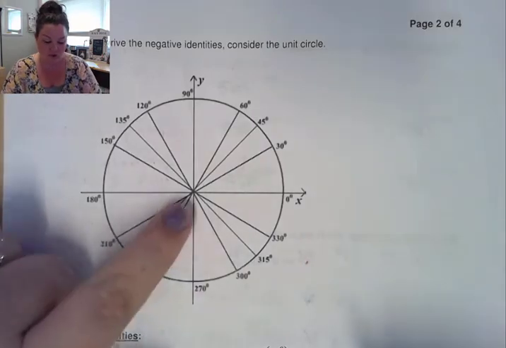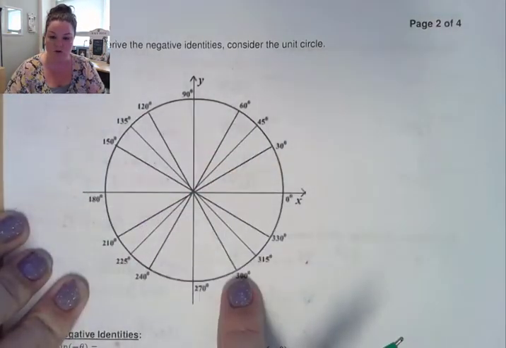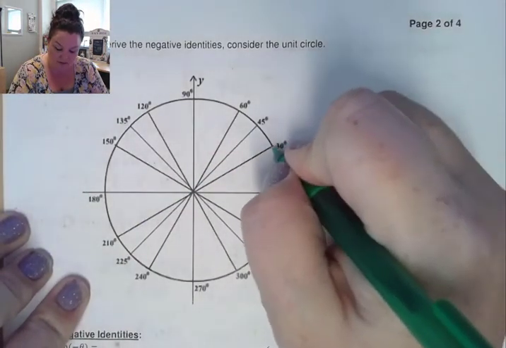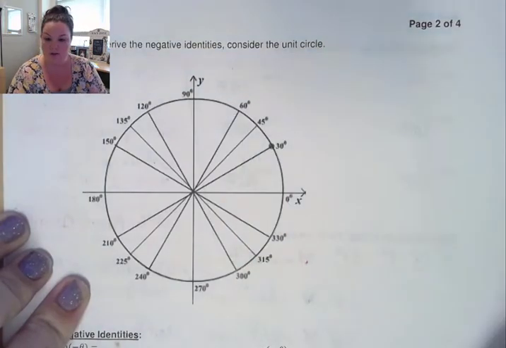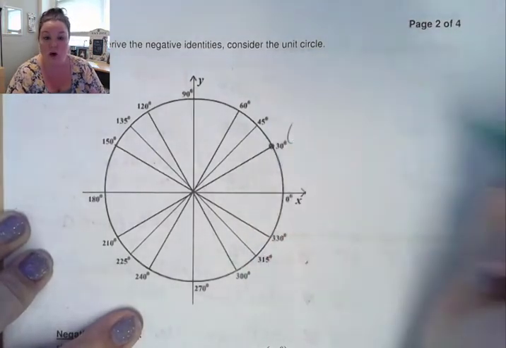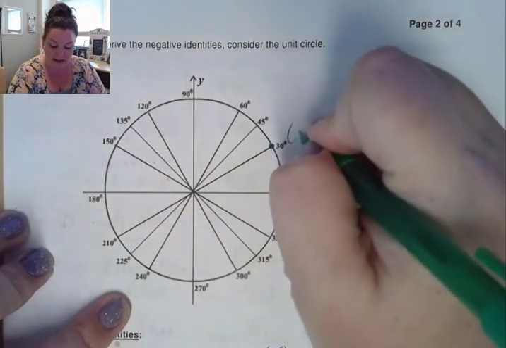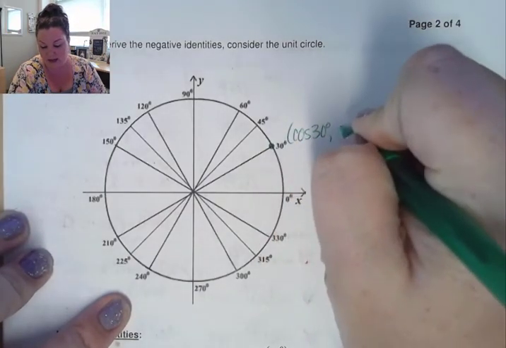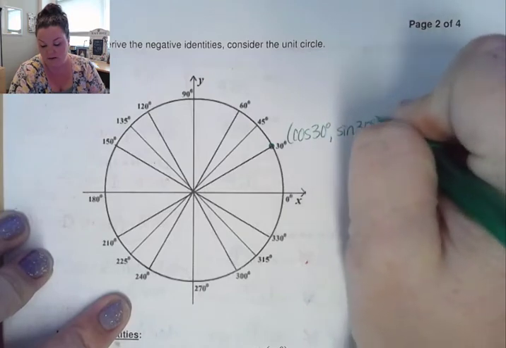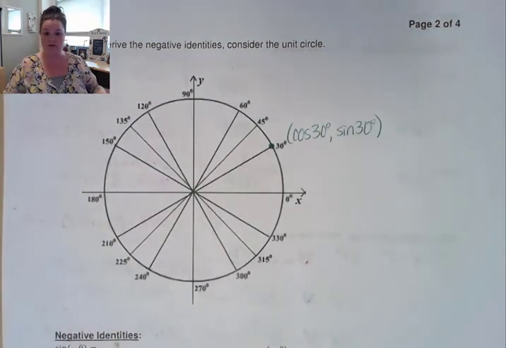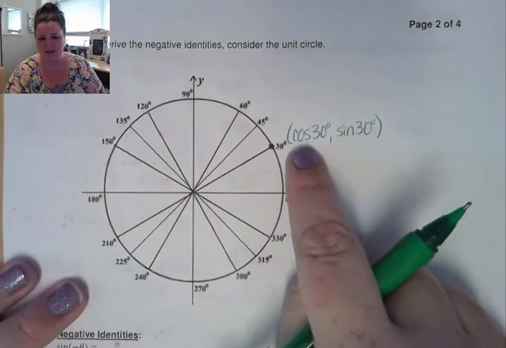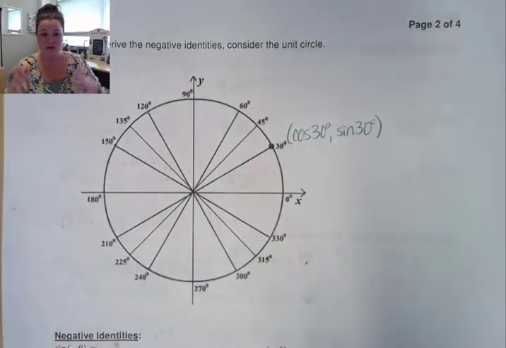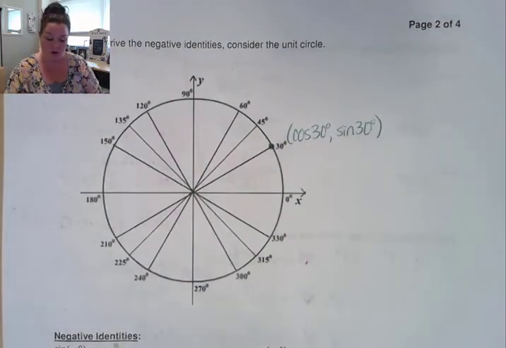Since we're using our unit circle, if I wanted to find this point right here on the unit circle, this xy coordinate, my x would be the cosine value of 30 degrees, and my y would be the sine value of 30 degrees. We can find sine and cosine of 30 degrees just by using our triangle.